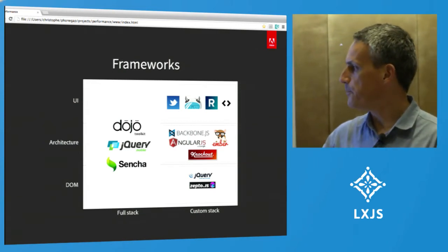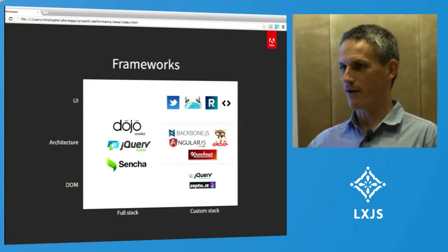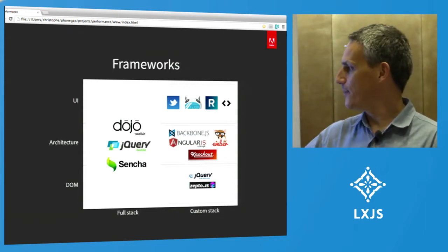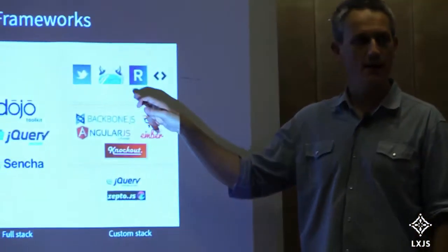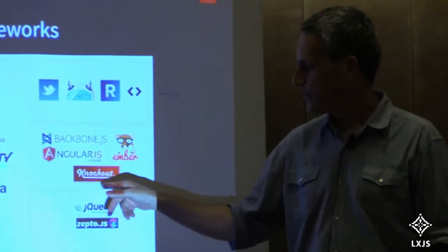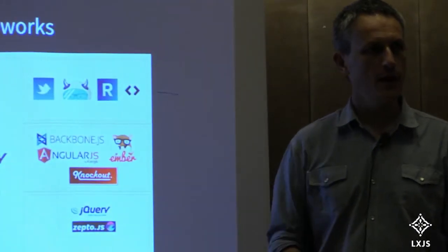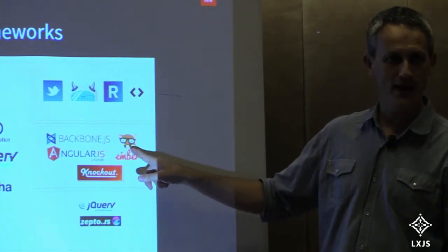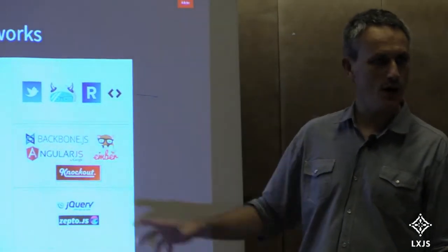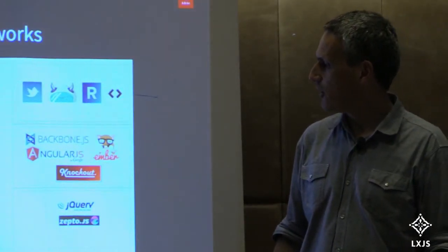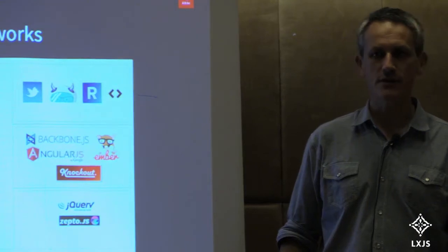I think this is the big one today, where there is a lot of debate out there, which one is the best between Backbone, Angular, Ember. I think these are really the three that a lot of people talk about these days. Knockout, I notice people coming from the Microsoft world like Knockout. In the same way, people coming from the Rails community like Ember, for obvious reasons. They are all good options.